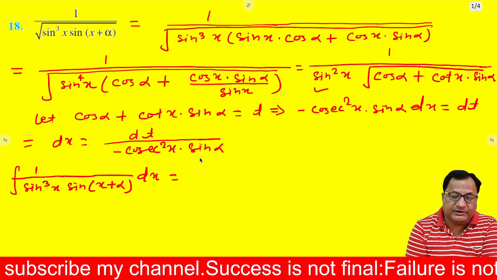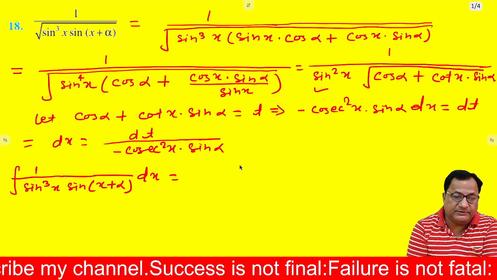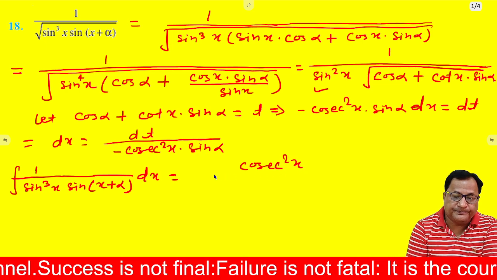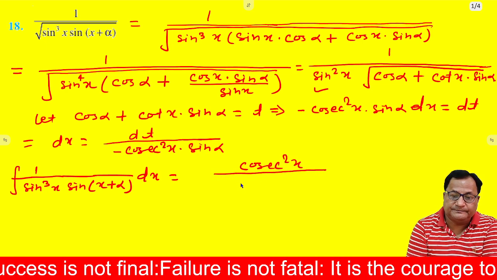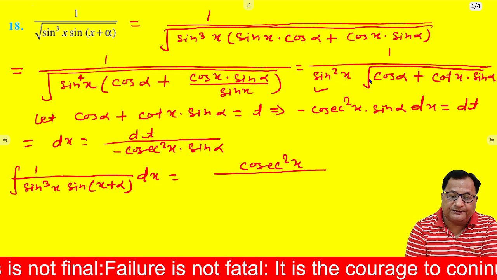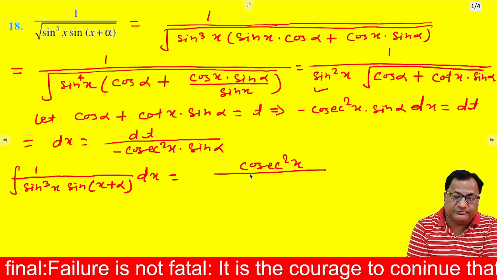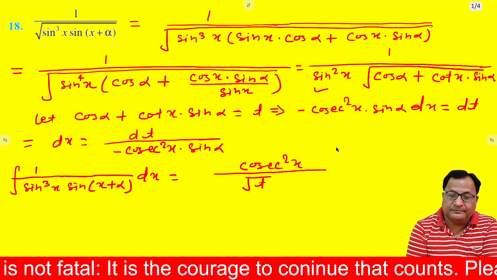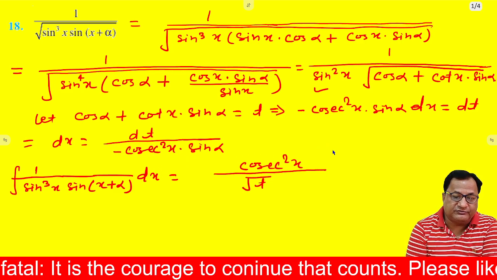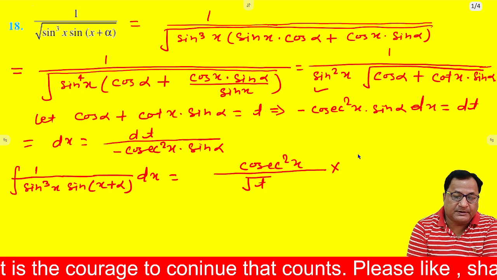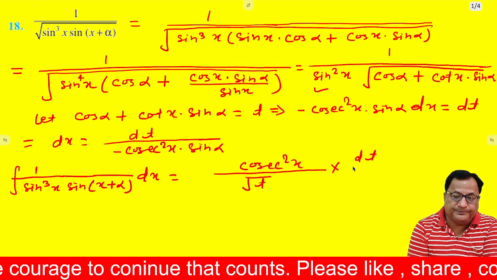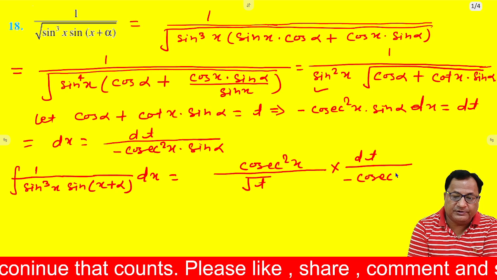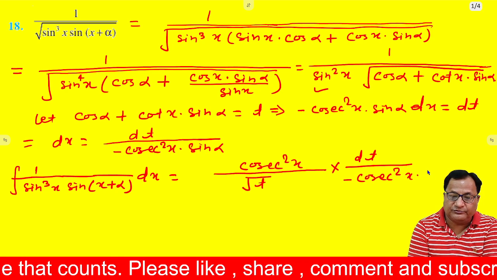Sine square x we can write, it will go up, then it will be cosec square x divided by this is t we have supposed, so under root t, and dx is equal to dt divided by minus cosec square x into sine alpha.